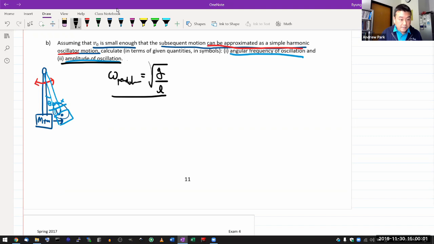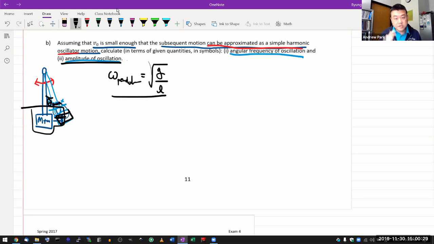So you are given this position here where you are starting out with initial angle and initial speed v naught, and you want to describe the highest point here, which will be giving you the amplitude of oscillation, theta max.